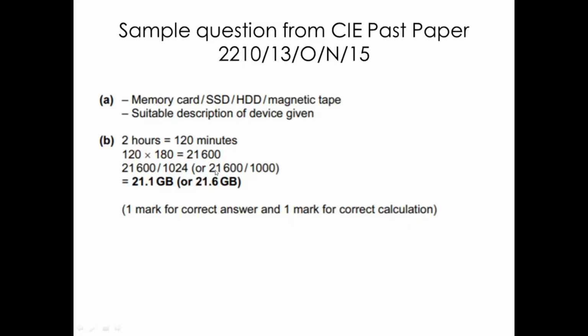So if you approximately take this and divide by 1000, then you get 21.6. This is approximate, and this one is the exact. So how do you get the marks? 1 mark for the correct answer and 1 mark for the correct calculation. Right.